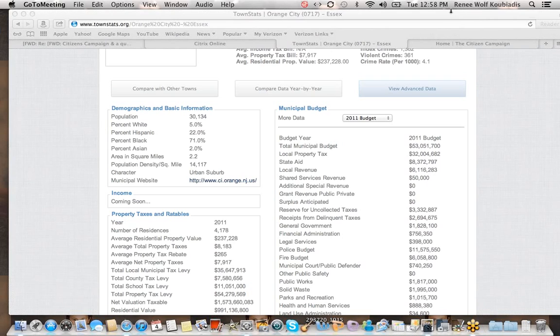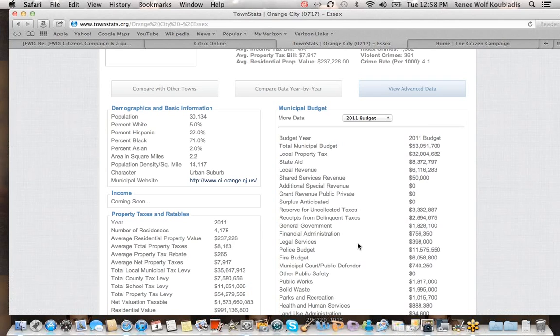The data that goes into the budget is certified to the state, and we calculate the budget data into specific categories, following the same format for every municipality.